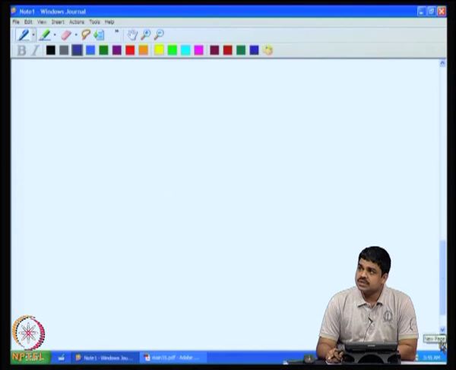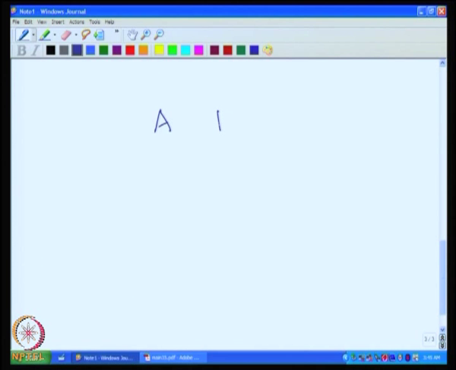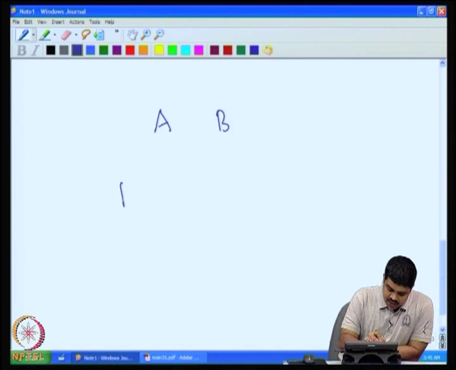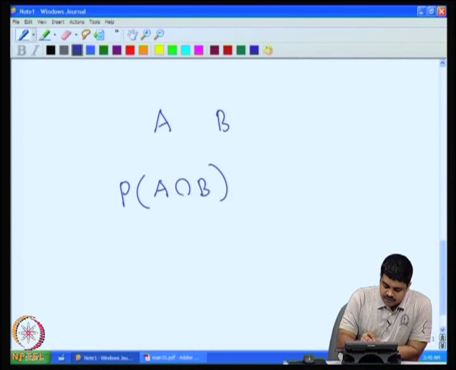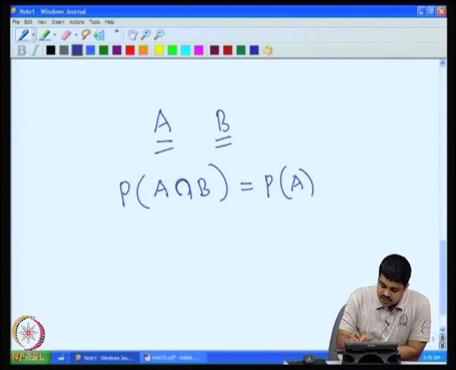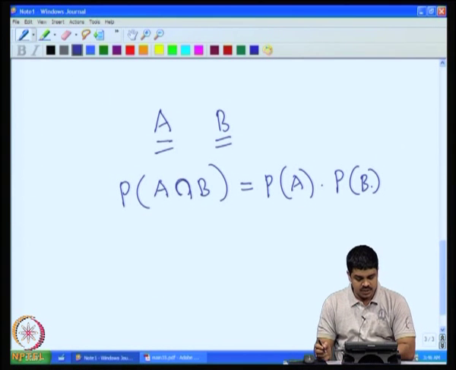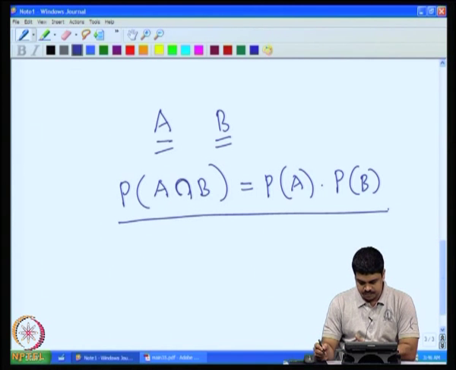Now, the only other notion we need is the notion of independence. Suppose we have two events, A and B, and we ask what is the probability that they together happen, that means the probability of the event A intersection B. We say that the two events A and B are independent if the probability of A intersection B equals the probability of A times the probability of B. This is the third notion we need.